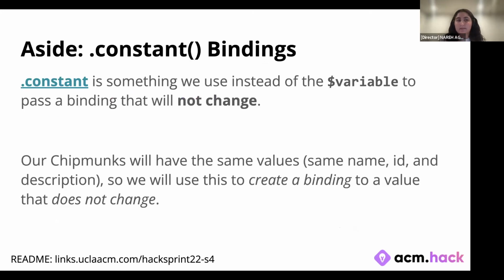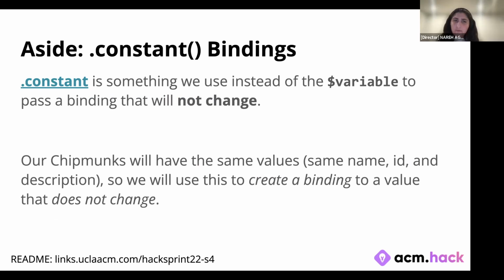Here are some asides, two of them to be exact, that will come in handy for this. So dot constant is related to the bindings we learned last session. In case you might have forgotten what bindings are, make sure to review from the last session. But just for this demo, as a quick overview, we're going to be able to pass our data from view to view.